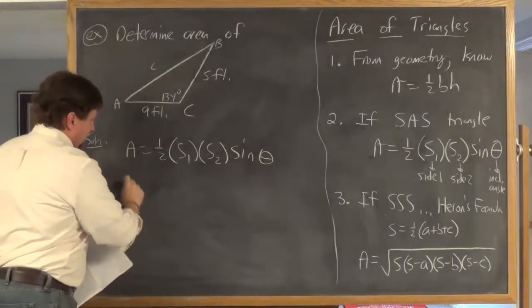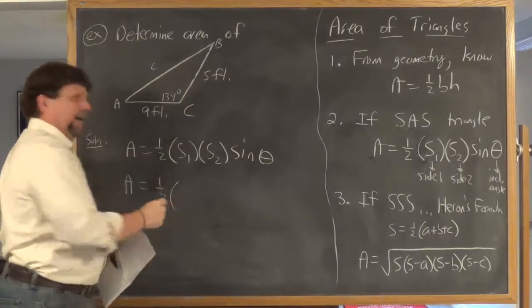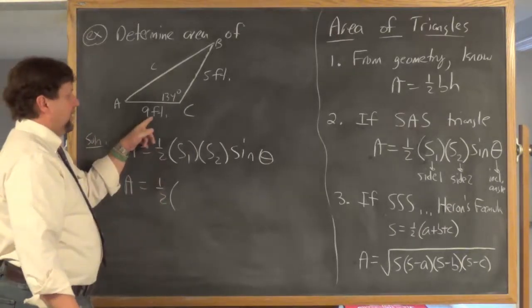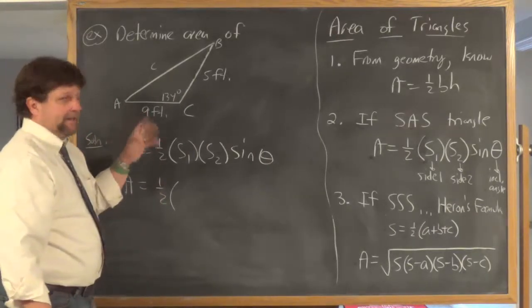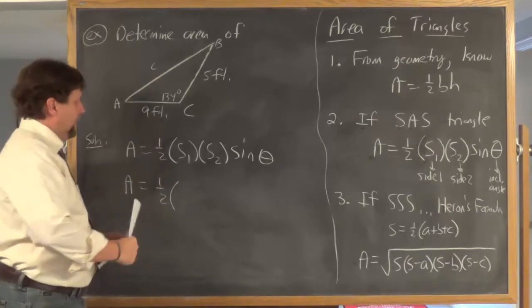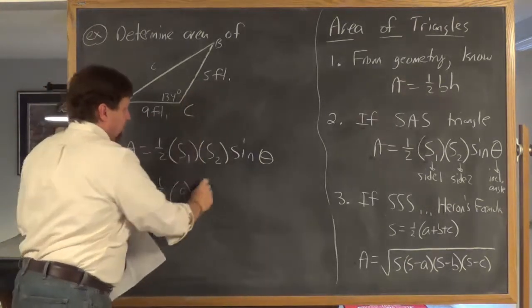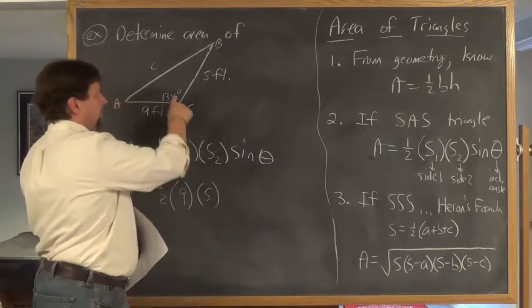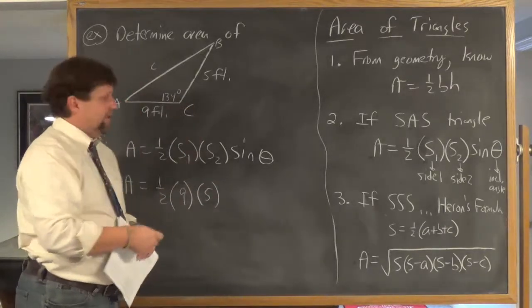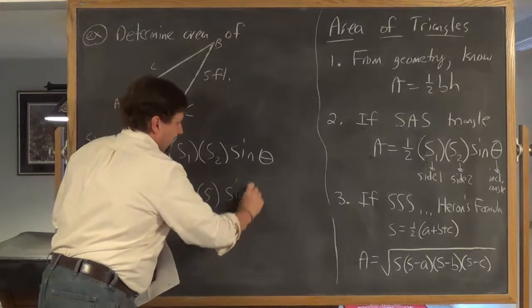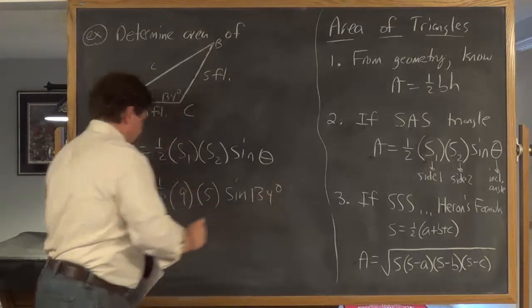Let's substitute in what we know. It doesn't matter if you call this S1 or S2. I'll call it S1, so 9 goes in for S1. That would be S2, which is 5. And theta is 134 degrees, so I have sine of 134 degrees.